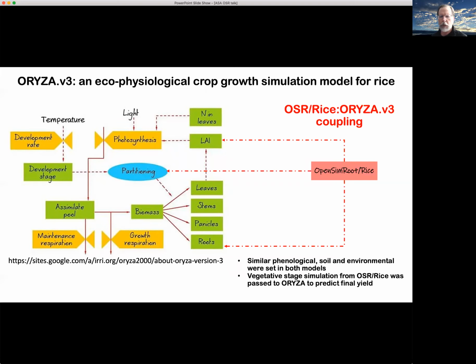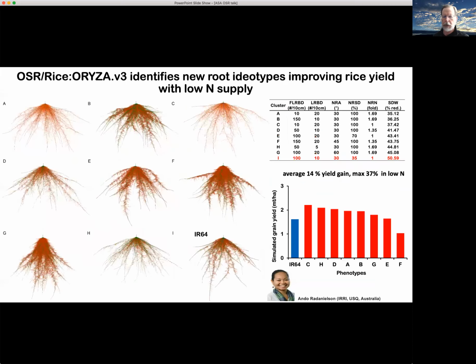OSR rice then would simulate growth up to 30, 40 days, pass those parameters for vegetative development, leaf area index, nitrogen content, biomass distribution, et cetera, onto ORYZA version 3, which then took those parameters and simulated final yield in specific environments.